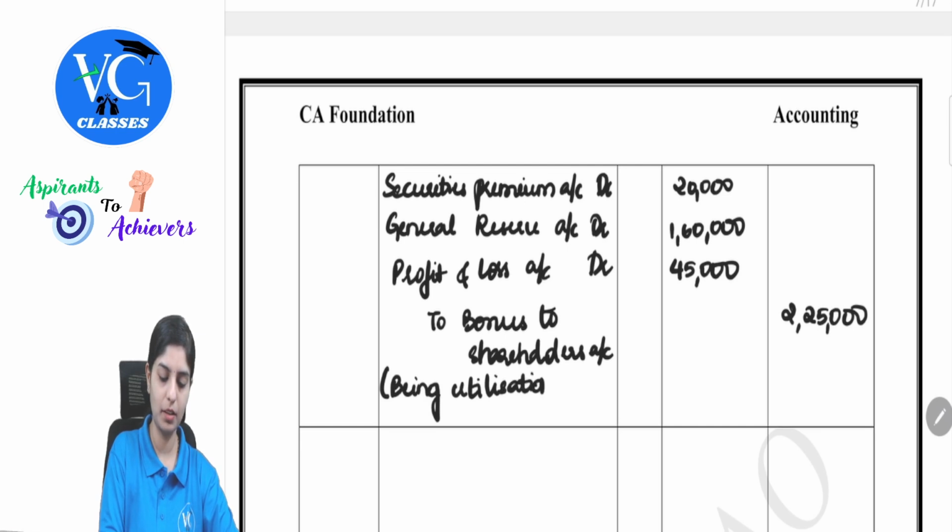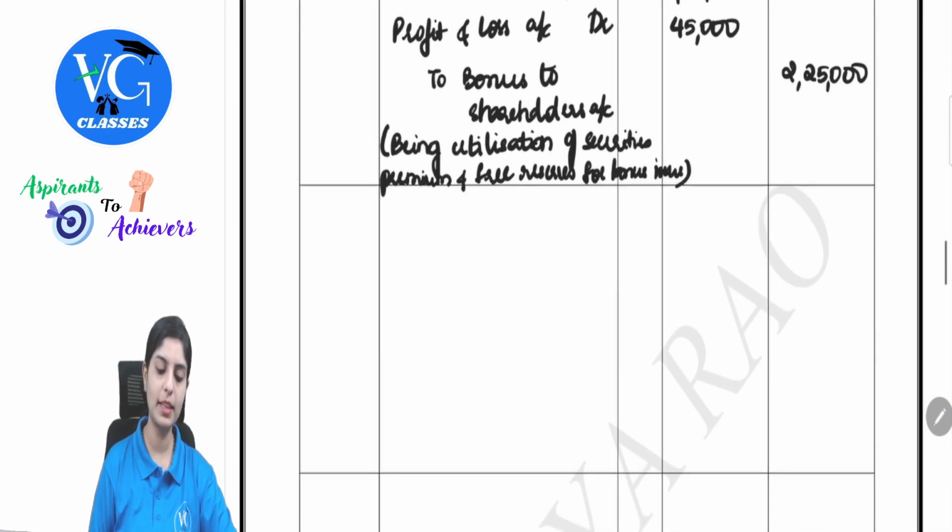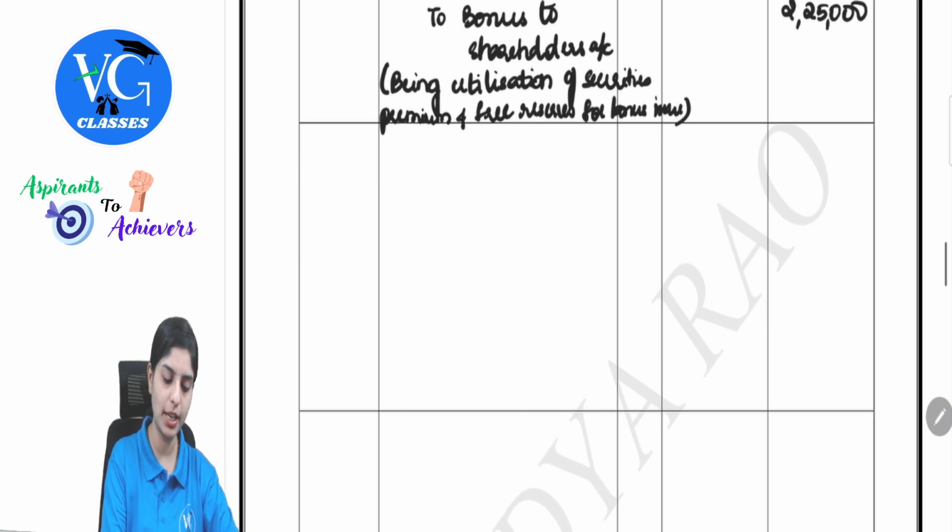Utilization of securities premium and free reserves for bonus issue. Next, what will be the next entry? Issue of bonus shares.